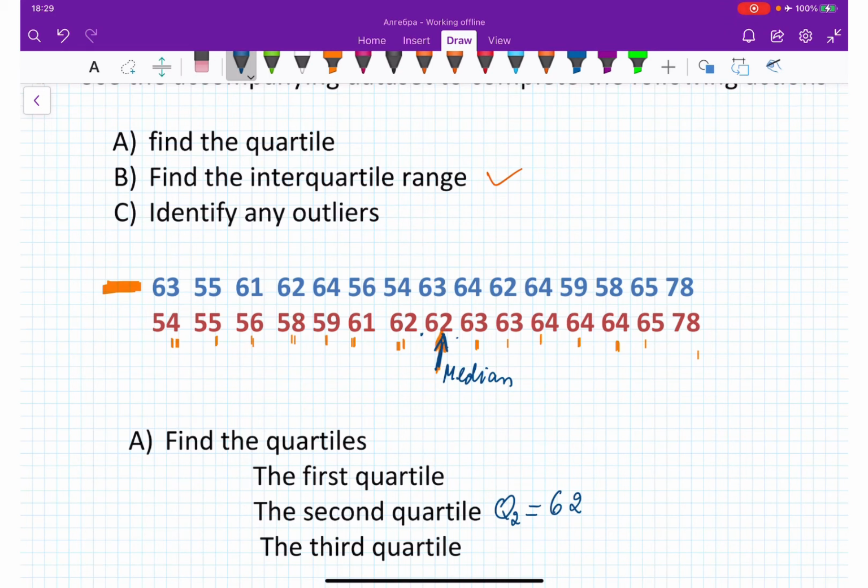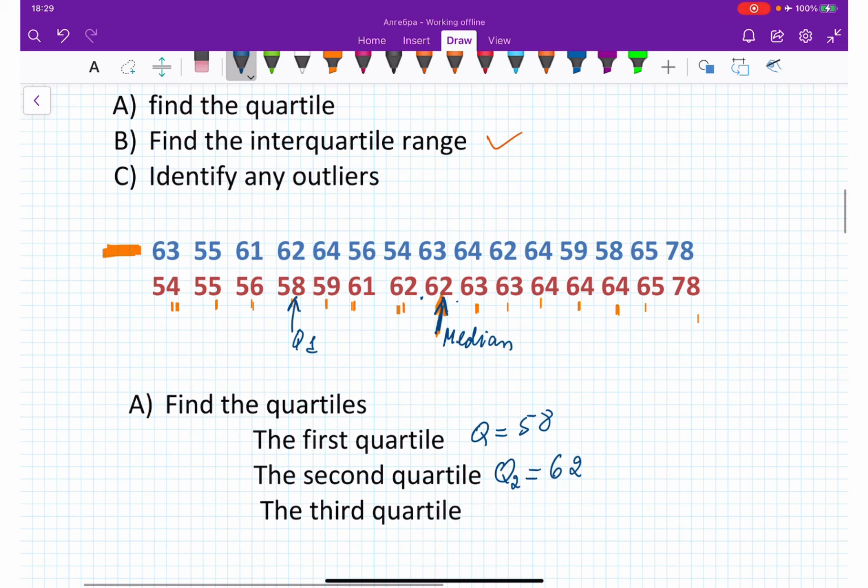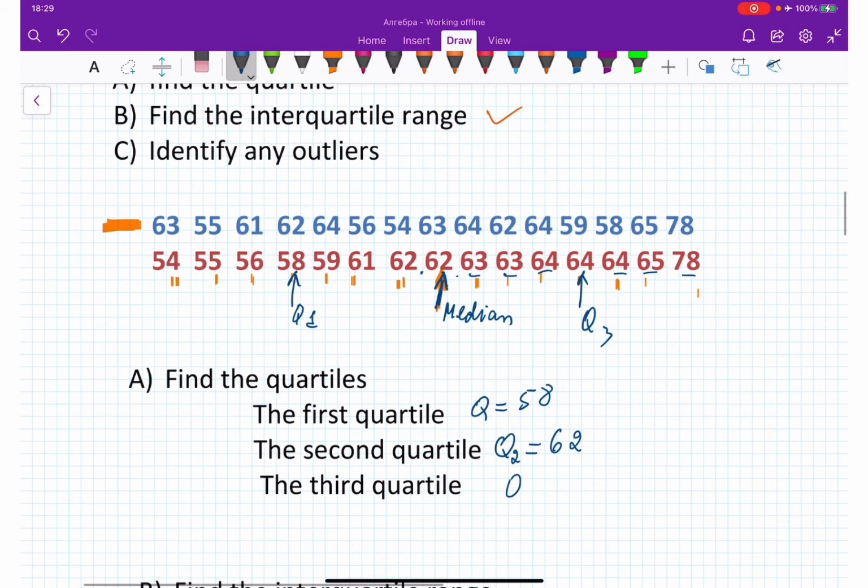So which means 58 is going to be our first quartile, right? And the third quartile, 1, 2, 3, is this 64. See, we have 1, 2, 3 here, 1, 2, 3 here. So the third one is going to be 64.